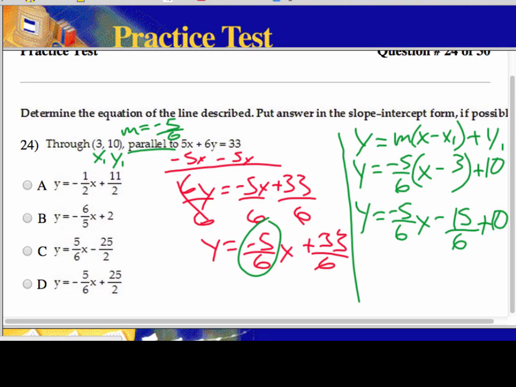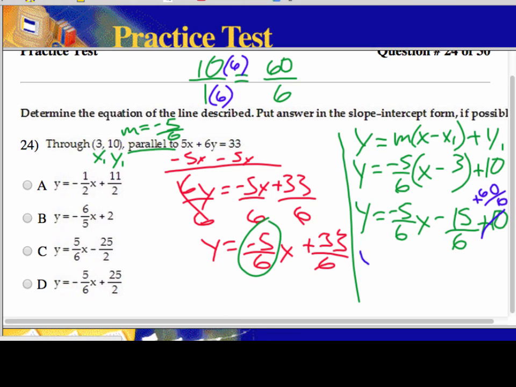Now, what's 10 if I rewrite that? Something over 6. In other words, 10 over 1, I want to make it equal something over 6. 60, right? I'm going to multiply this by 6, and whatever I do on the bottom, I have to do to the top. So then this becomes 60 over 6.